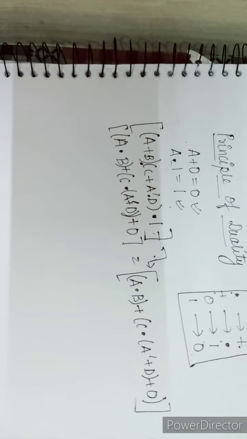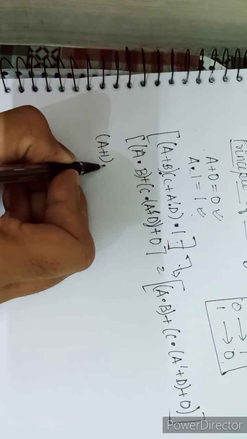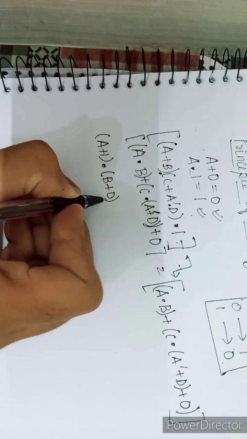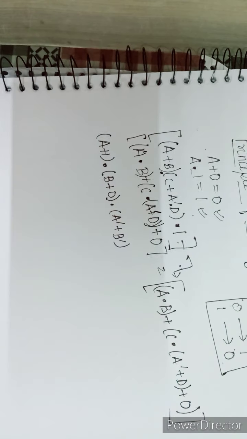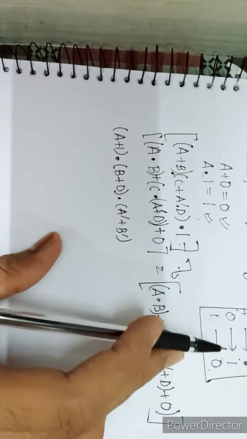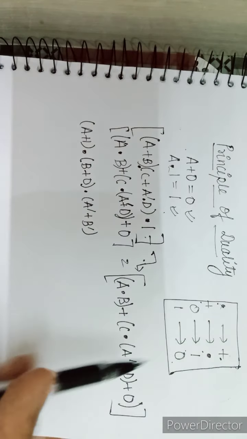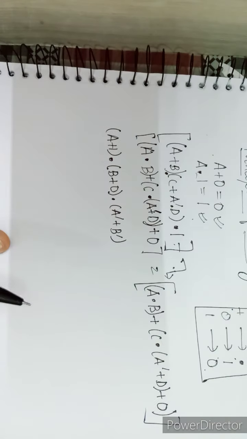Now let us take another example. A plus 1 dot B plus 0 dot A bar plus B bar. Now the dual form of this expression will be, you have to remember one thing: dot will be converted to plus, plus to dot, 0 to 1, and 1 to 0, and the Boolean variable will remain the same.